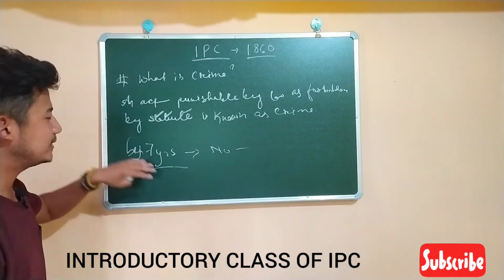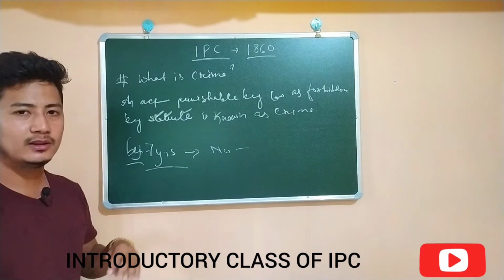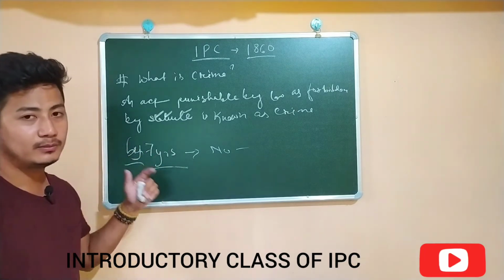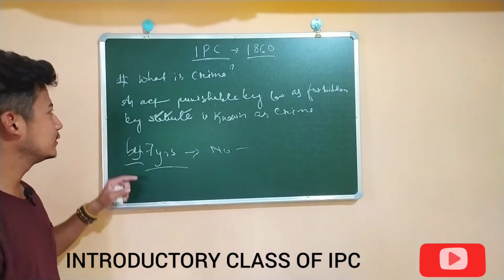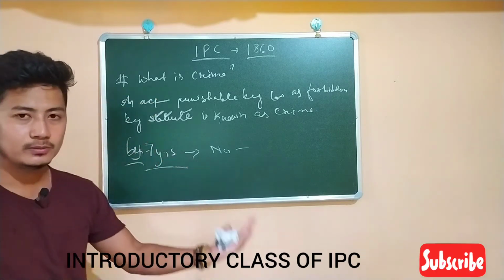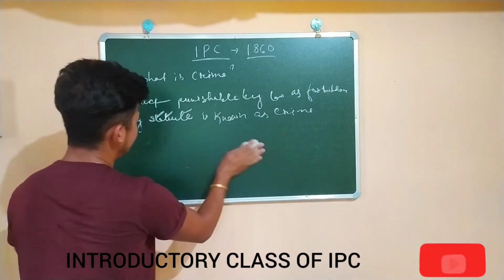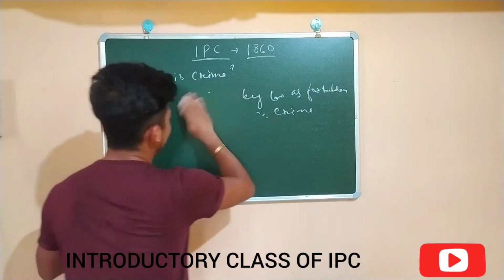If the same crime is committed by a person above 7 years, then he will be punished. So crime varies from person to person and place to place. I hope it is clear to you now what crime is, and let's look at certain definitions of crime.